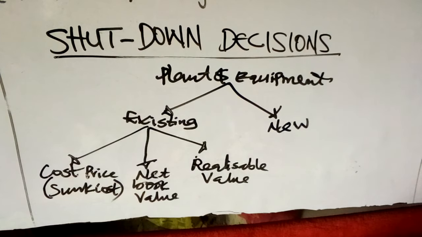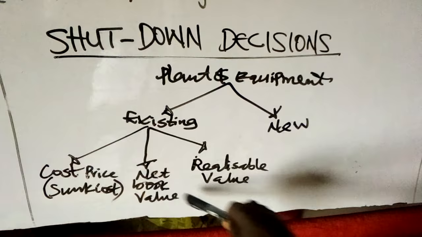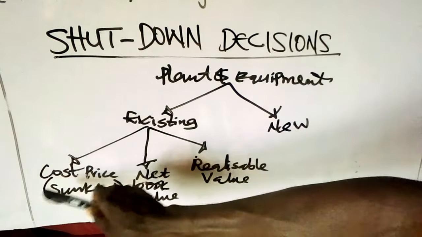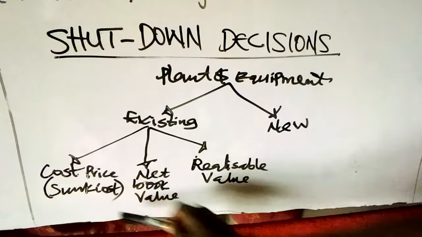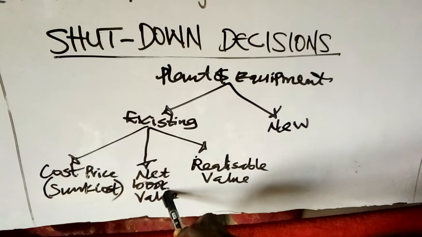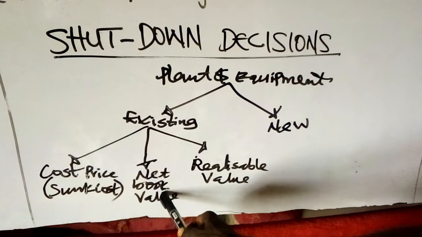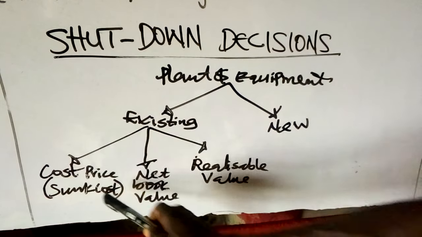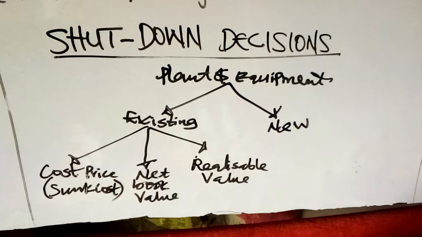That will give you the net book value, which is not a cash flow. Remember, depreciation is not a cash flow, so it is not relevant. So the net book value is also not relevant, because it is a combination of cost price, which is a sunk cost, and accumulated depreciation, which is also not a cash flow. The two concepts are not relevant. Therefore, the net book value of the existing plant and equipment is not relevant.